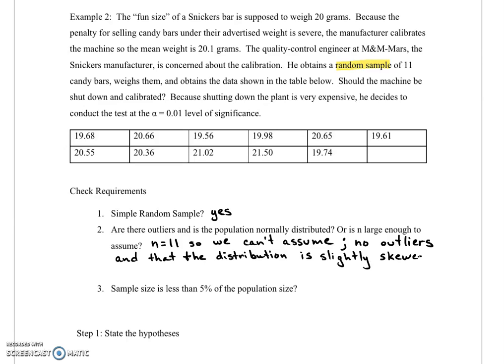And it doesn't really matter which direction it's skewed, but it's slightly skewed. And since it's only slightly skewed, we can still use it. And by it, I mean the hypothesis test.